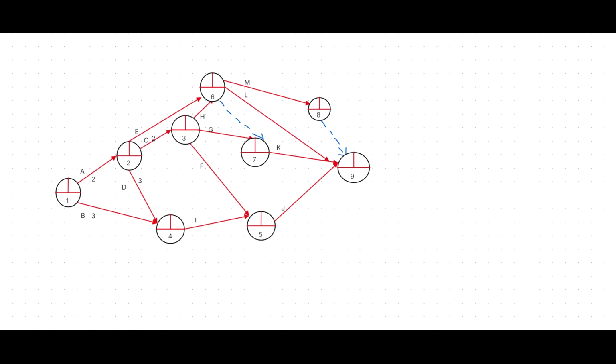EFG 467. Then HIJ 314. Then finally 562 KLM.